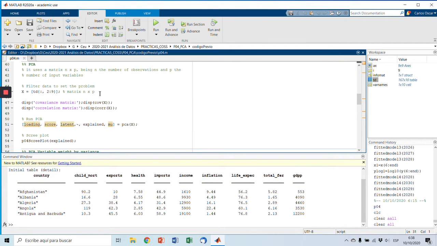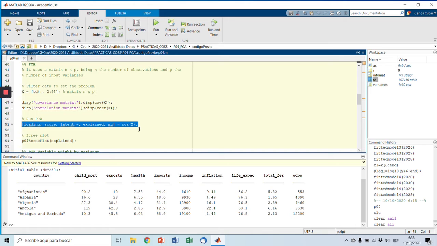The theory of PCA, you have already seen it, or you will see it in class. But the idea is that you have a number of variables. You compute the covariance or the correlation matrix, and here we are calculating the PCA of the covariance.